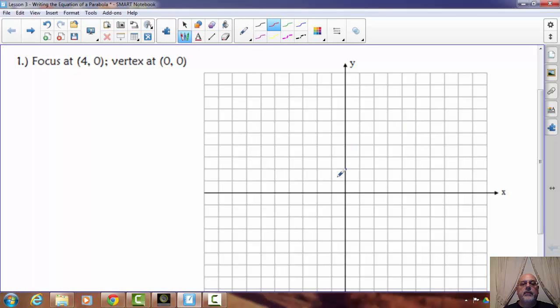We have a vertex at 0, 0. That's the vertex of the parabola. It's at the origin. And we have a focus at 4, 0.